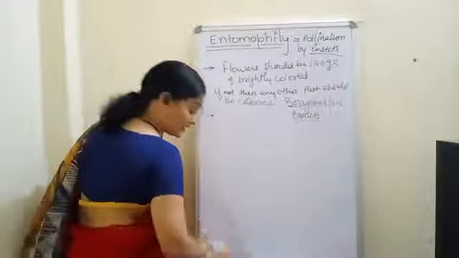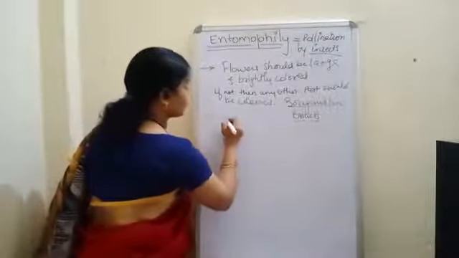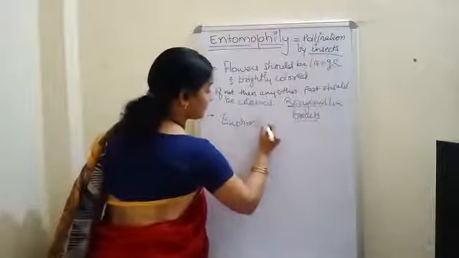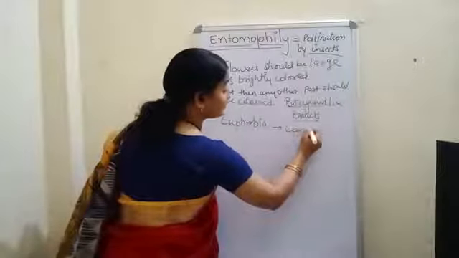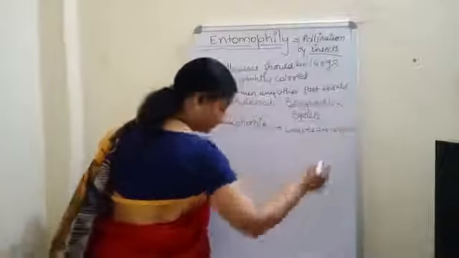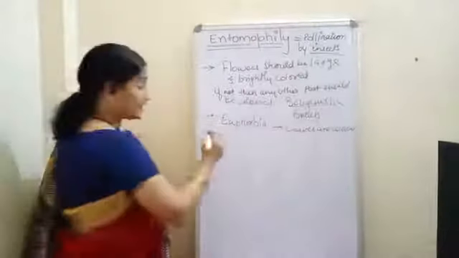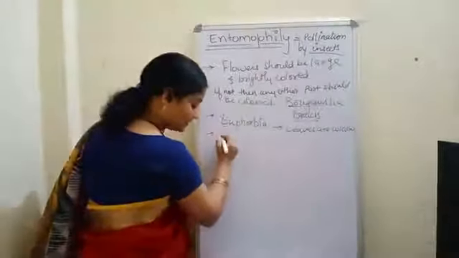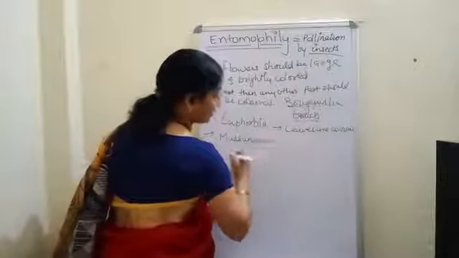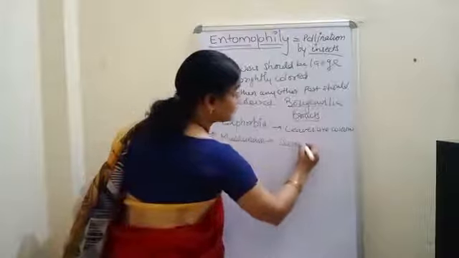In case of euphorbia, leaves are colored. In case of one more flower called Mussaenda, sepals are colored.